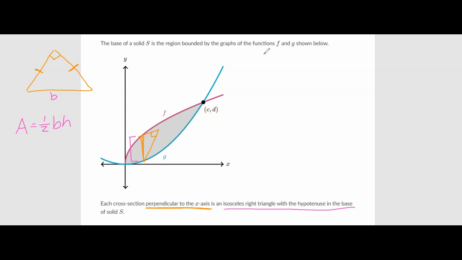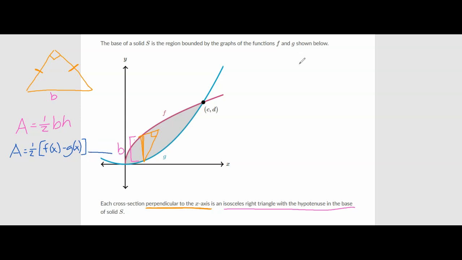That is just going to be the distance between our red function f and our g function blue. So as I start to build out this area formula, I get area is equal to 1/2 times the difference of f of x and g of x.